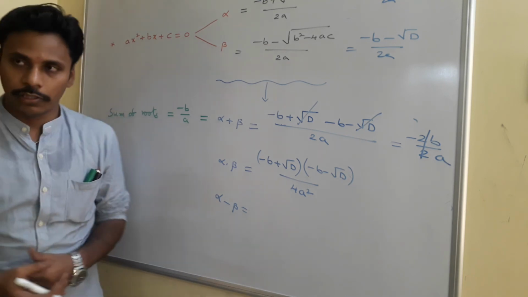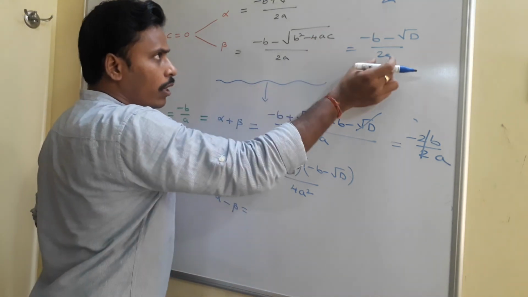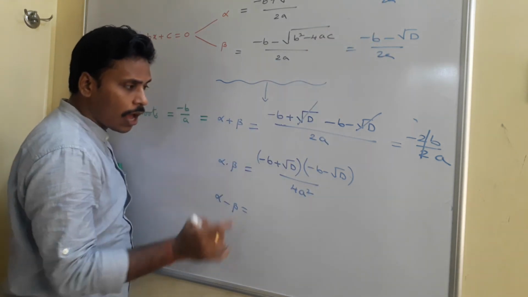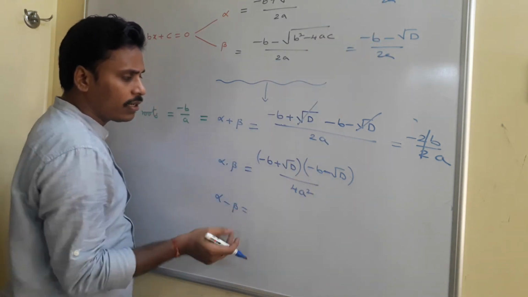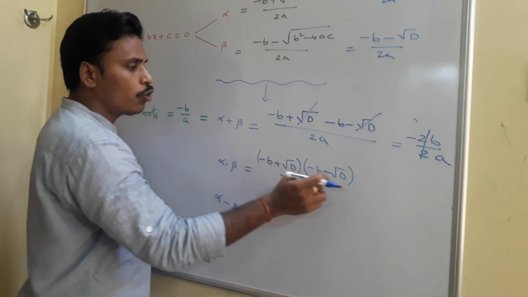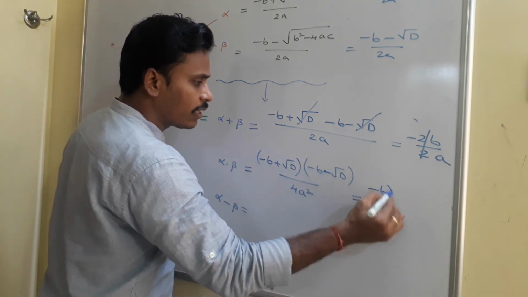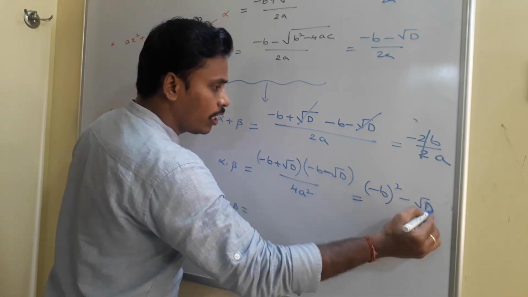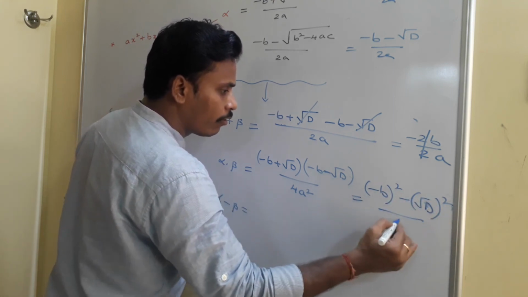Just multiplication. I multiplied these two denominators as 4a square, numerators like this. Now just pay your attention on the numerators. These are of the form x plus y into x minus y. Then I may write it like this: minus b square minus root d square, divided by 4a square.